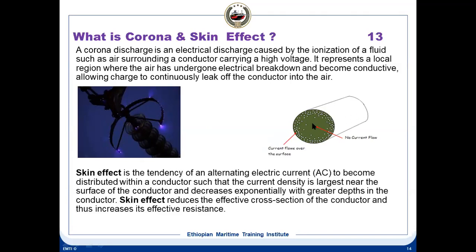Skin effect reduces the effective cross-sectional area of the conductor and increases its effective resistance. Current flows over the surface more, and no current flows through the center. That is known as the skin effect and corona effect. Okay.